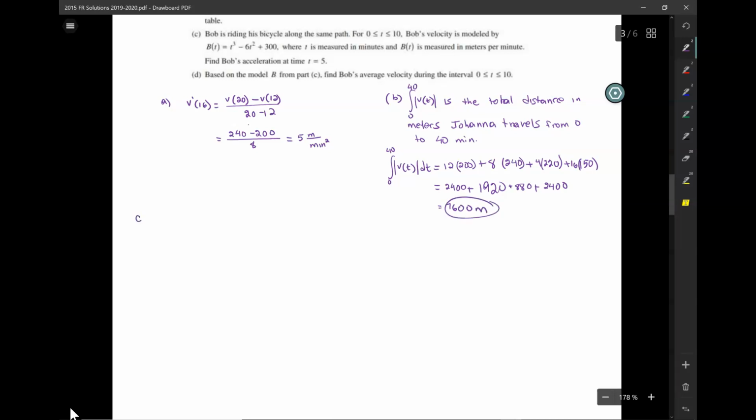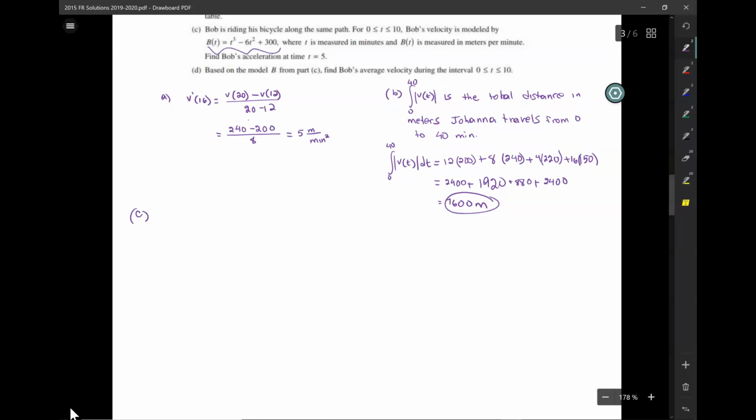C. Bob is riding his bicycle along the same path. Okay? For 0 to 10, Bob's velocity is modeled by this, where t is measured in minutes, and B of t is in meters per minute. Find Bob's acceleration at time t.